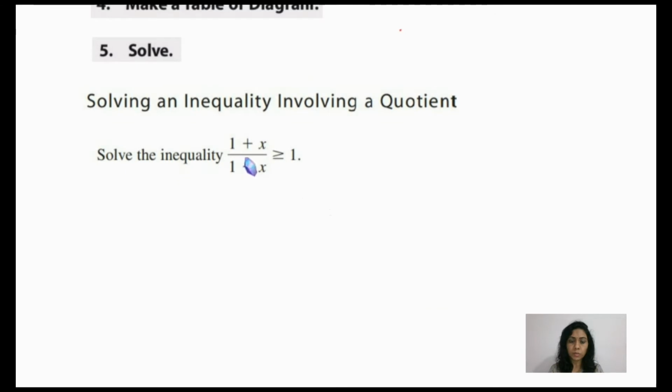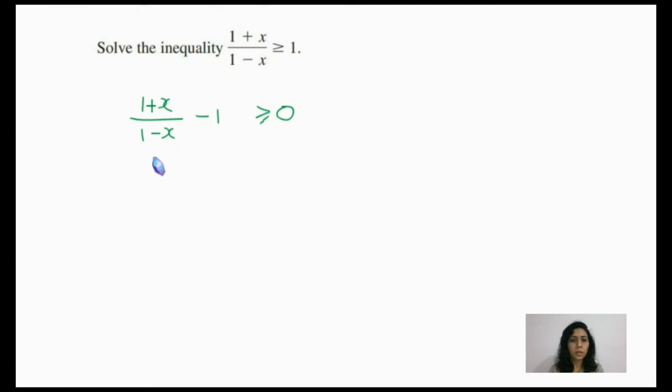Move all terms to left hand side. So here (1 plus x) upon (1 minus x), minus 1. Or we can say subtract 1 from both sides, so it will be 0. Now we can solve just like a fraction.